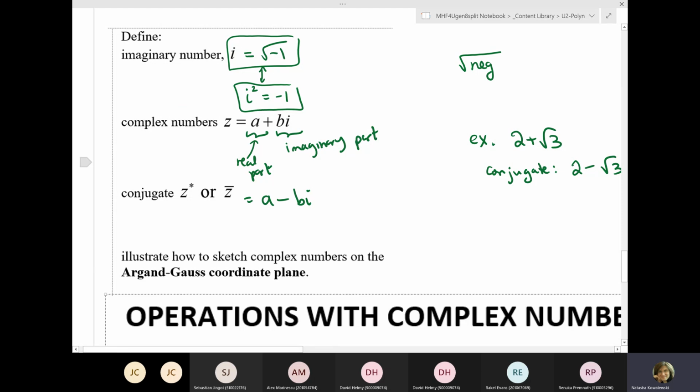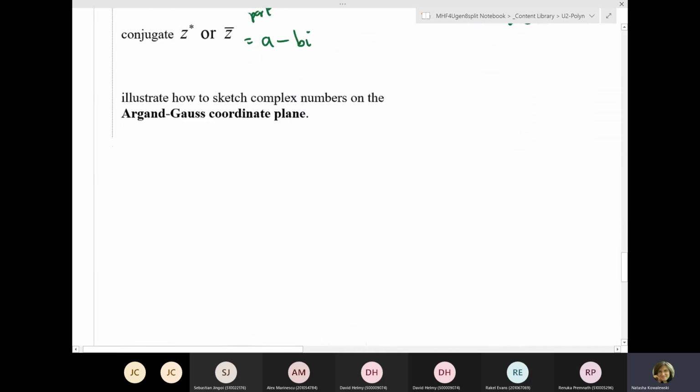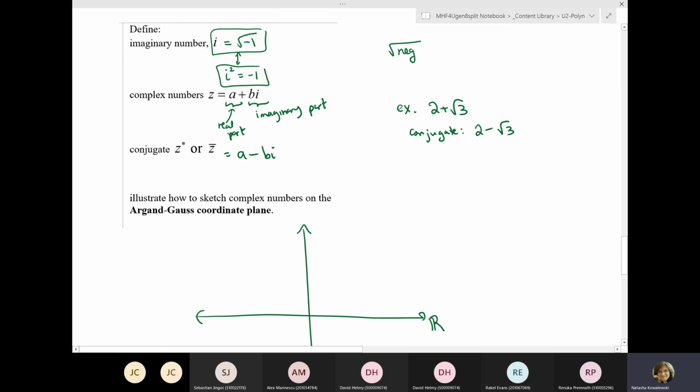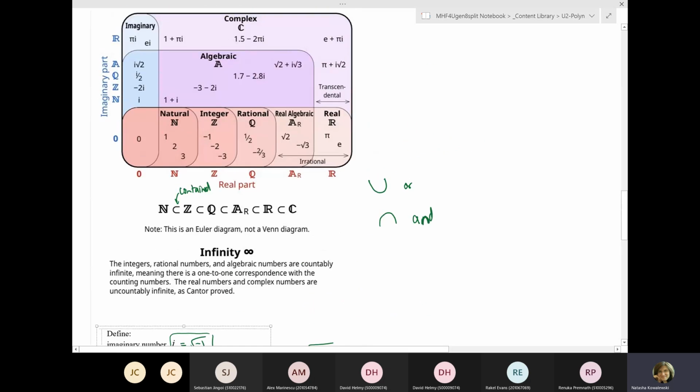And then finally, I'm going to just quickly show you that all of these could be drawn on a plane. When we're drawing real numbers on an x-y axis, we had real numbers on both axes. Here we're going to have real numbers here, and here we're going to have imaginary numbers. For imaginary numbers, they don't call them capital I here.